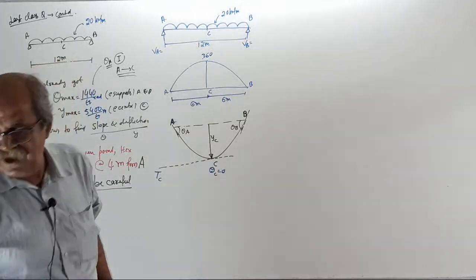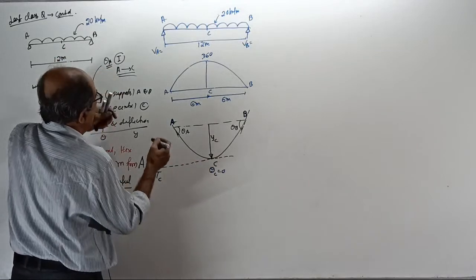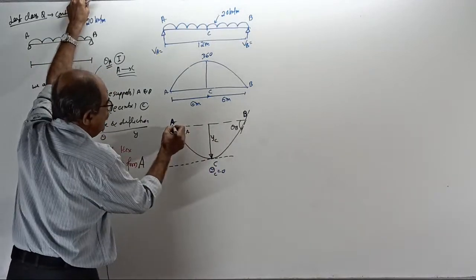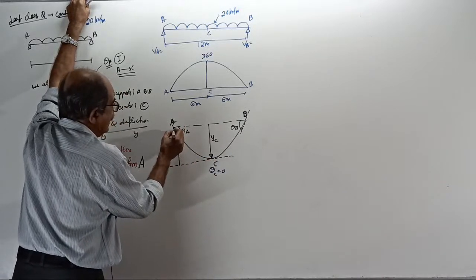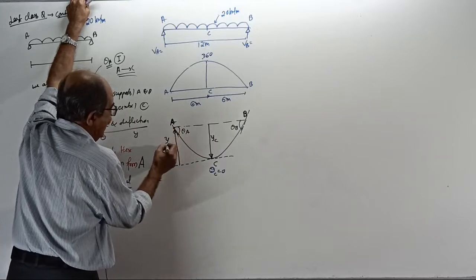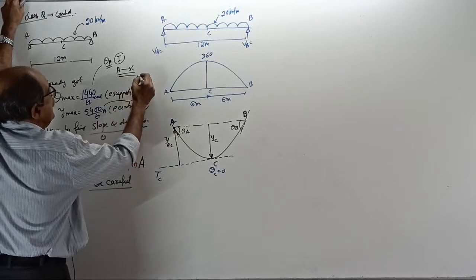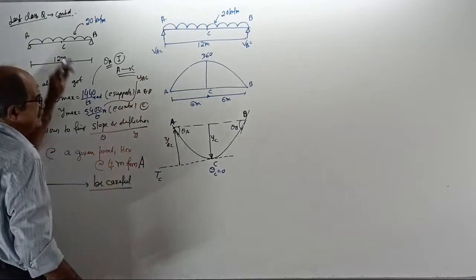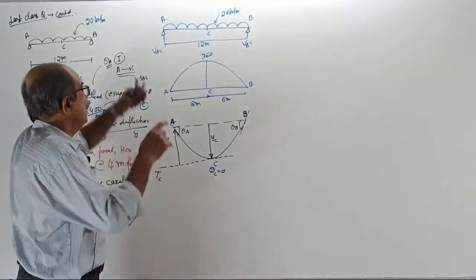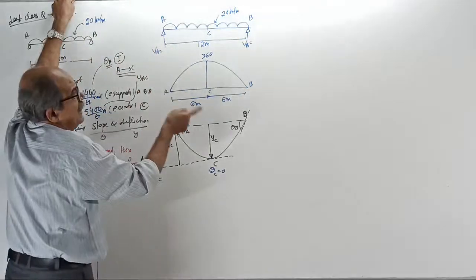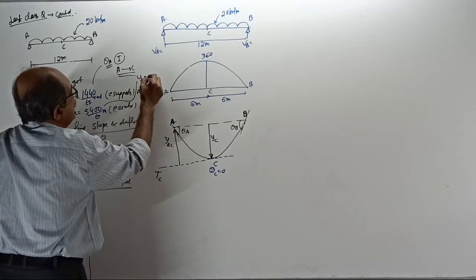Then, to get Y maximum, what you do? You cannot find that YC. Y maximum is YC. You find displacement of A with respect to tangent at C. See this one. This is Y of A with respect to C. To get Y maximum, you find Y of AC, displacement of A with respect to tangent at C. At that time, remember, moment of the area of the BM by EI diagram between A and C, tell me about which point?